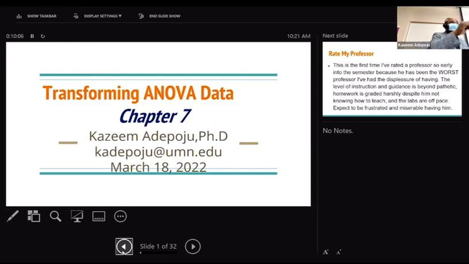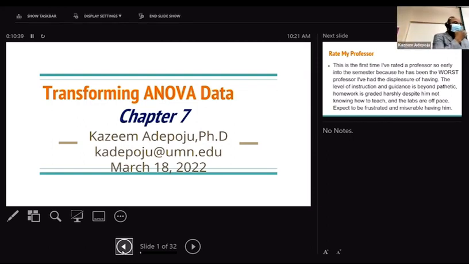According to Ronald Fisher, 1926, who was one of the founders of analysis of variance, when assumptions are violated and you ignore that and go ahead and conduct an ANOVA test, you're actually going to be misled.